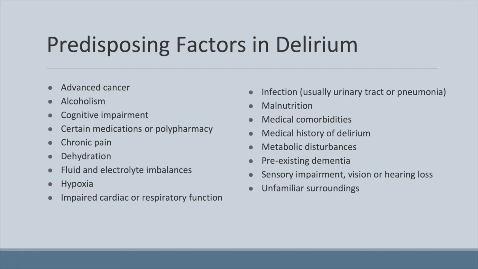Factors include advanced cancer, alcoholism, cognitive impairment, certain medications or polypharmacy, chronic pain, dehydration, fluid and electrolyte imbalances, hypoxia, impaired cardiac or respiratory function, infection, which is usually urinary tract or pneumonia, malnutrition, medical comorbidities, a medical history of delirium, metabolic disturbances, a pre-existing dementia, sensory impairment, vision or hearing loss, or just unfamiliar surroundings.